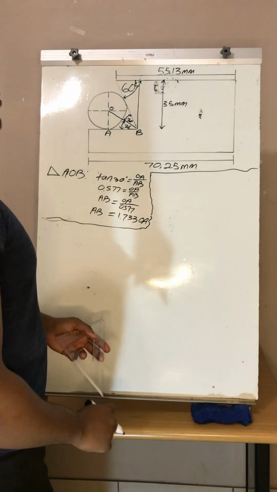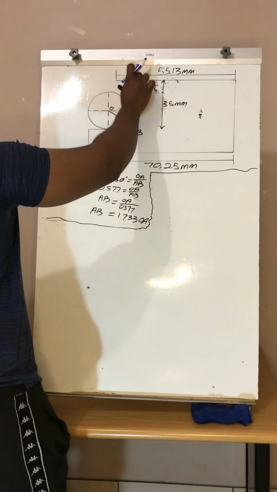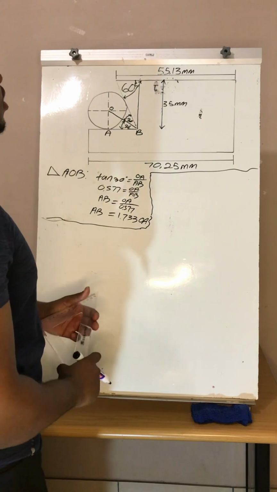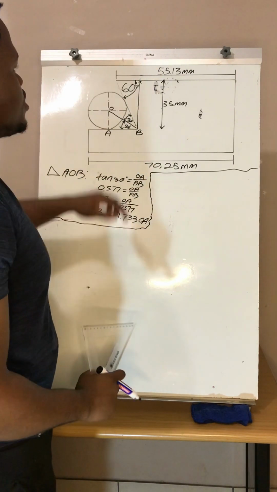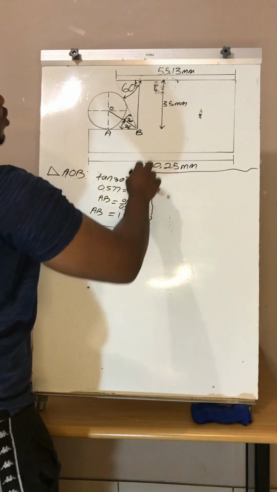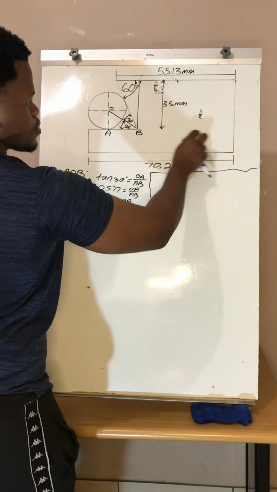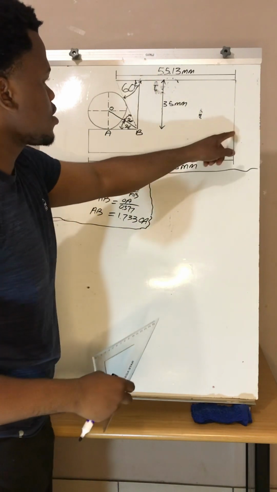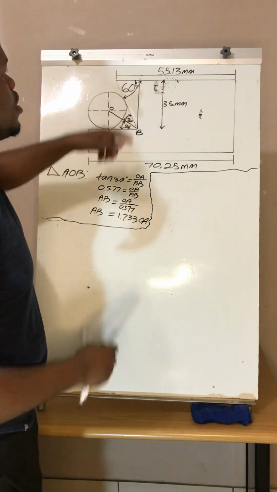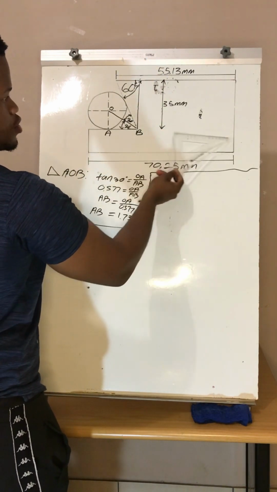So let's label our triangle to find this length. We want this length because we want to be able to find this other length. In order to find it, you say 55.13 minus this length, and you get the length from here to here.